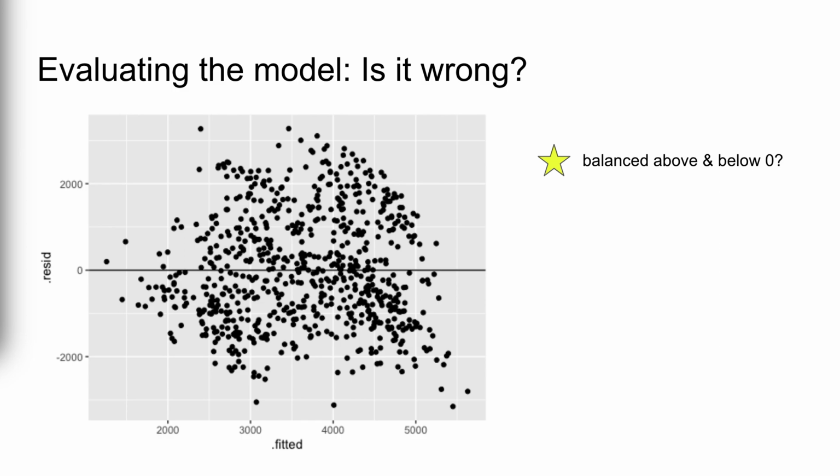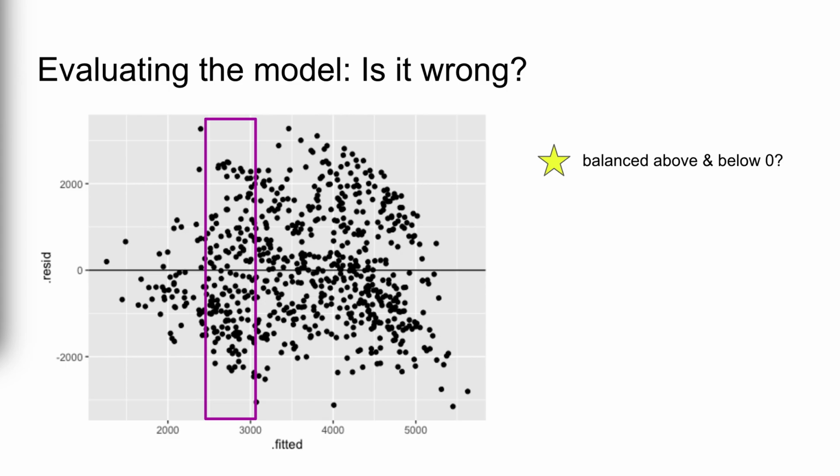The first thing to look for is whether the points are balanced above and below 0. Not just when we consider the plot as a whole, which is certainly the case, but we're considering each little window across the entire span of the model. For example, in this window, the points appear to be balanced above and below 0.